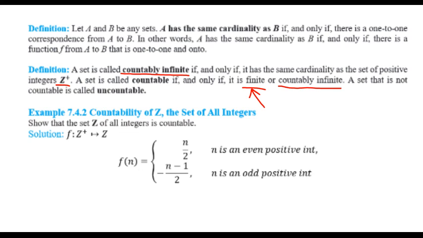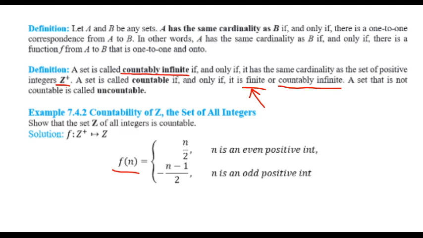Function f of n equal to n divided by 2 if n is an even positive integer and negative (n minus 2) divided by 2 if n is an odd positive integer. So this function f of n is a one-to-one and onto function.